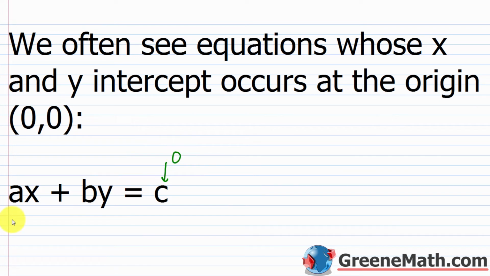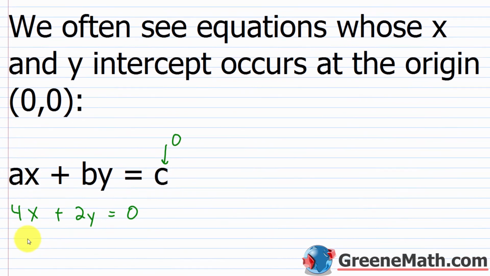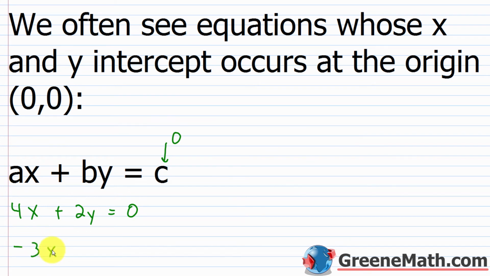So you might see something like 4x plus 2y equals 0. I know this is a line passing through the origin because it's in this format. Or something like negative 3x minus 7y equals 0. You're looking for something times x plus something times y equals 0. Again, that's a line that passes through the origin.